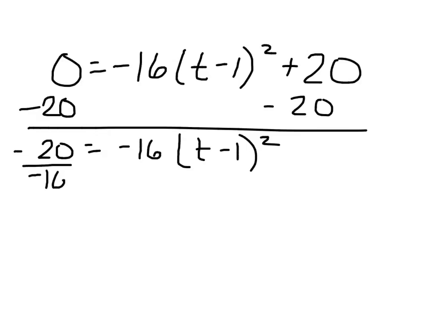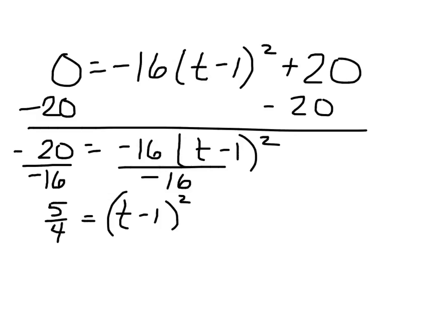Divide by negative 16. When I divide by negative 16, it does not come out evenly, but two negatives will make it a positive. And that is, if I reduced it, 5 over 4. And then how do I get rid of something squared, Tina? Square root it. Good job. And if I do that right, I should get plus or minus.